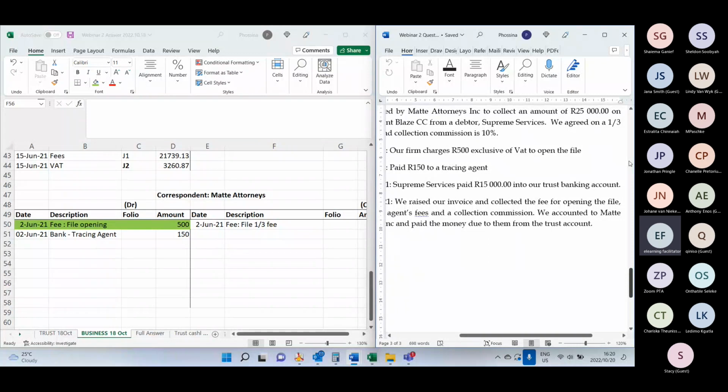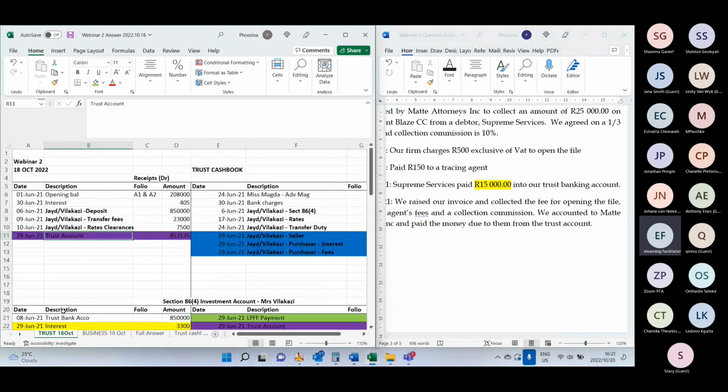We account for what we have received. So for us to record this transaction, we go back to our trust, because we are being told that 15,000 was received in our trust cash book, in our trust account.